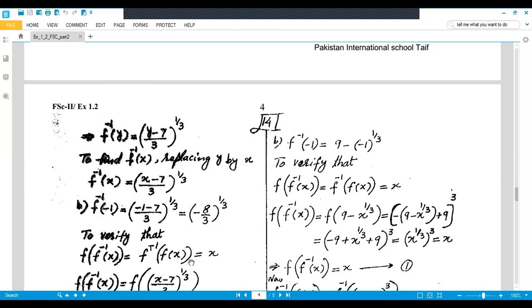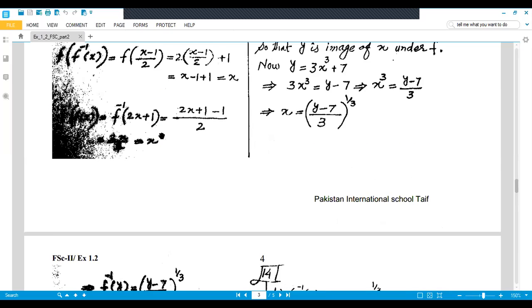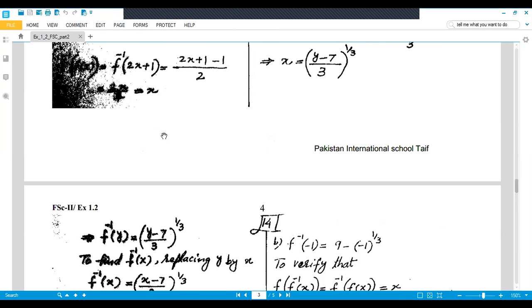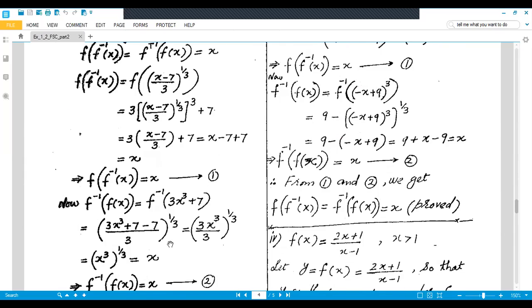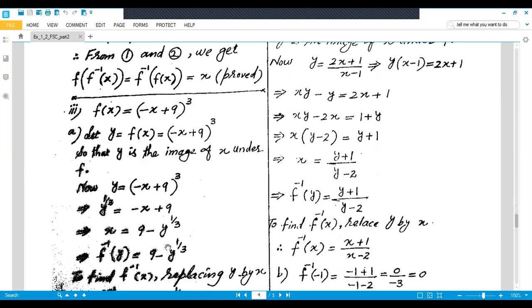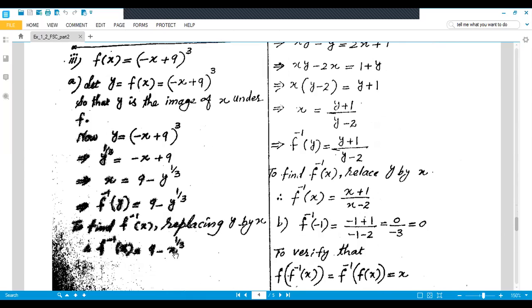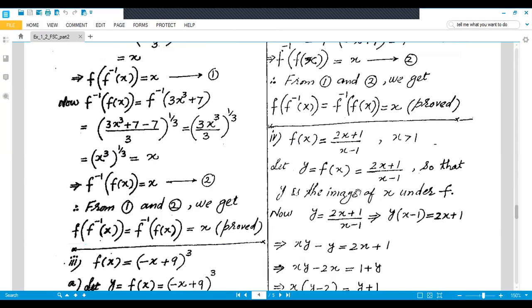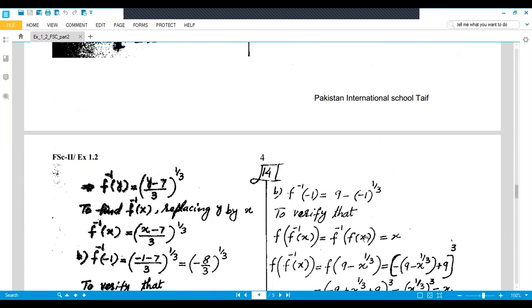We already found f inverse x, that is equal to (9 minus x) to the power 1 over 3. So in place of f inverse x, we put (9 minus x) to the power 1 over 3. Now this function f is what?